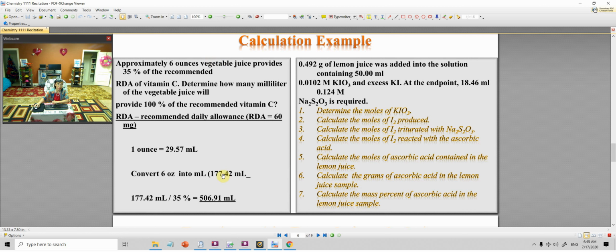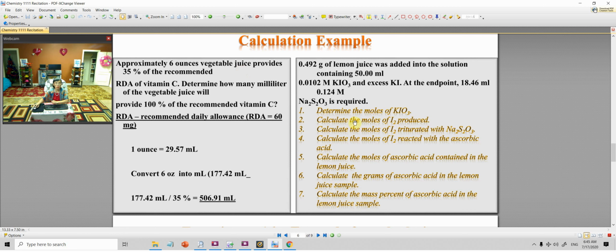So you use that 177.42 divided by your 35%, because your total juice provided 35%. This 506.91 is the total amount of your vegetable juice. And then we are going to continue working on this.